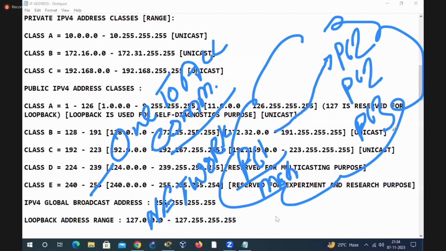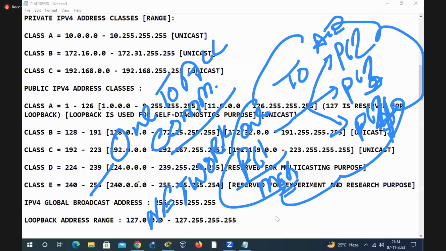So this is one machine communicating to all the machines in the network. This is your one-to-all communication, always done using broadcast. Whenever you want to communicate from your machine to all the machines in the network, you always use this broadcast address. That is why 255 is reserved.